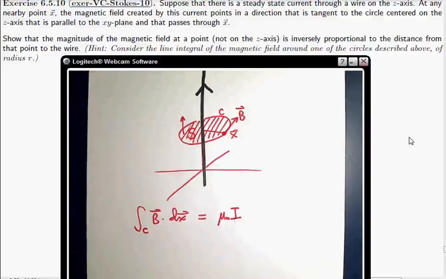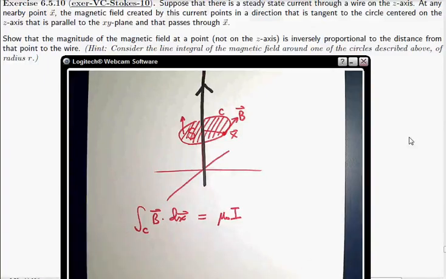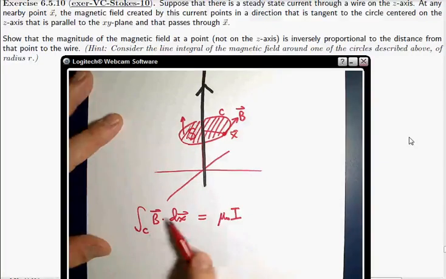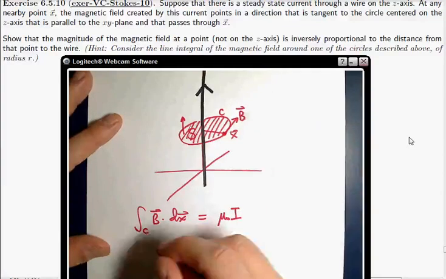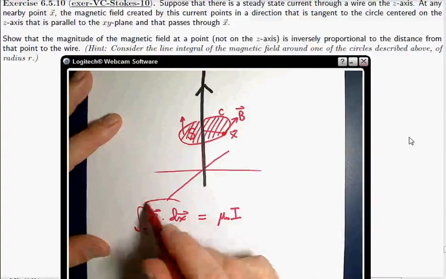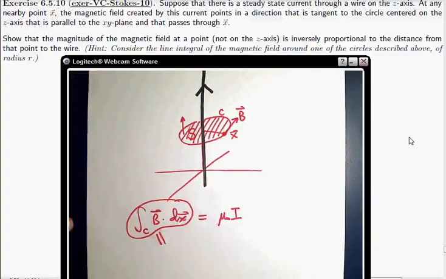Now the question is, what else can we do with this? The hint said to compute this line integral. How is that going to tell me something about the magnitude of the magnetic field? So one of these things is going to have to relate somehow to the magnitude of that B field. And I claim it's going to be this integral here. Because this is a line integral, a la chapter 5, and I can rewrite it in a couple of different ways.